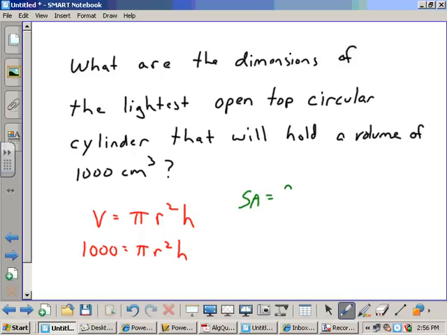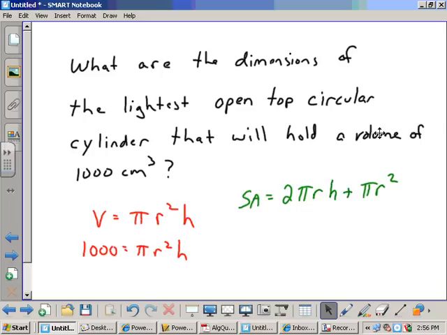So we know the area of the sides is circumference times the height, plus the area of the bottom, pi r squared. Again, since this situation is with the open top, we only have 1 pi r squared.